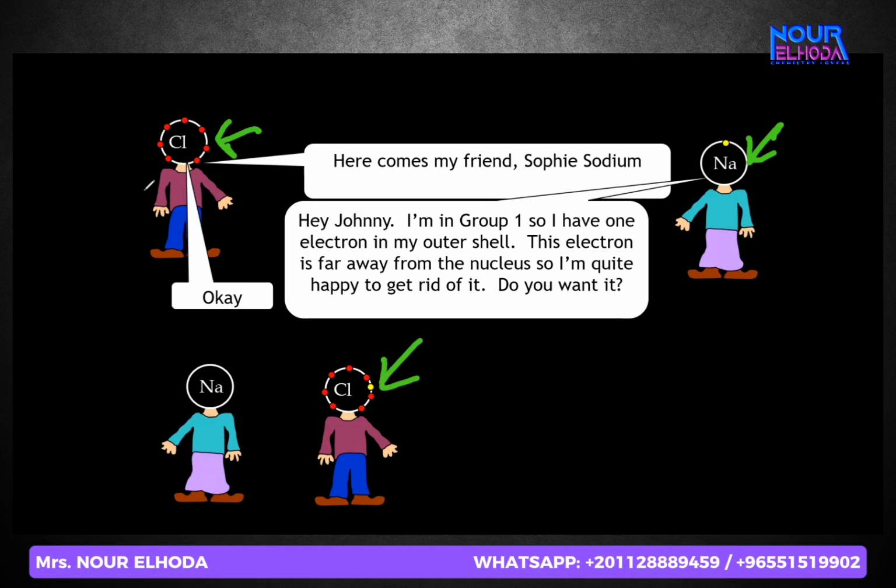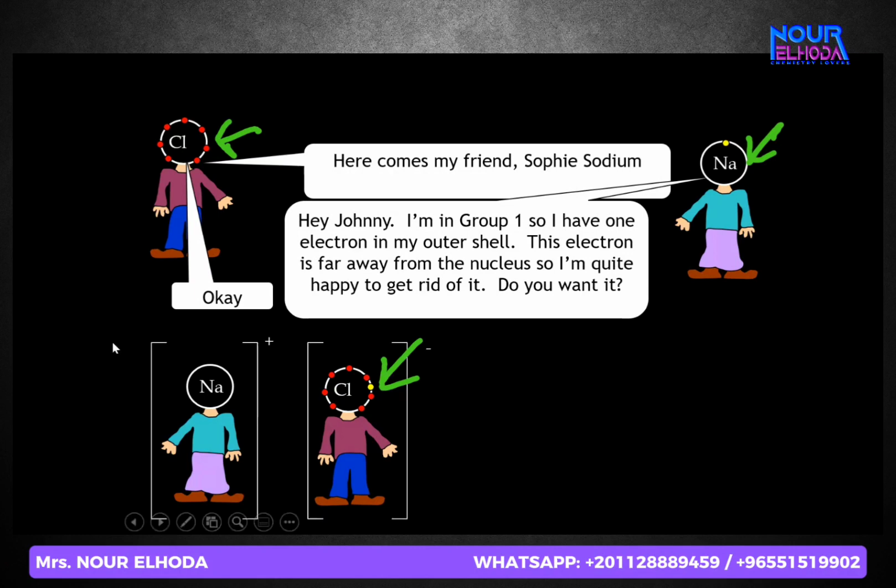As you see here, this is the plus and this is the minus. The plus shows that it lost an electron, so the protons are more than the electrons now. And the minus shows that it gained 1.